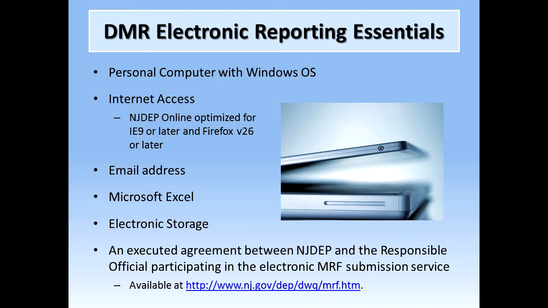It is recommended that the operating system be the Windows 7 version or later, since this is the version that NJDEP Online was optimized to. In addition, the permittee must possess Internet access with at least Internet Explorer version 9 or Firefox version 26 web browsers, an email address, Microsoft Excel, and electronic storage such as a hard drive.